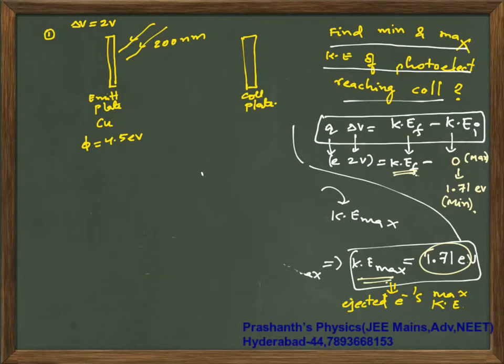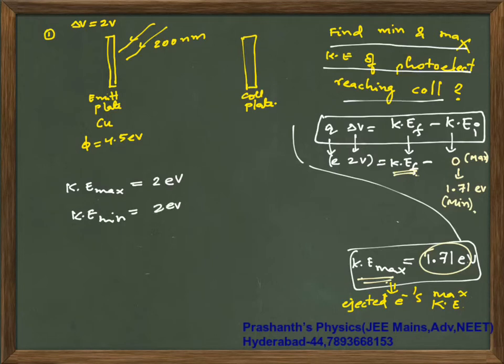So here the ejected electrons' maximum and minimum is not asked. The kinetic energy reaching the collector plate is asked. So reaching the collector plate, your Ke max is 2 electron volt, Ke min is, sorry, I mean it is reverse.